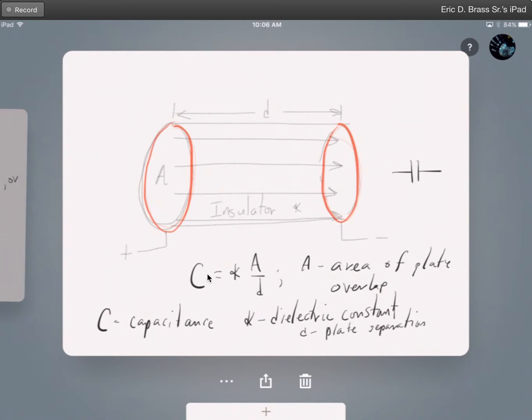The capacitance is directly proportional to the area of overlap. And then we divide that by the distance of separation, and it's inversely proportional. So the greater the distance, the more the plates are apart, the lower the capacitance will be. If we reduce the distance of separation, the greater the capacitance will be. It's basically what we're saying.